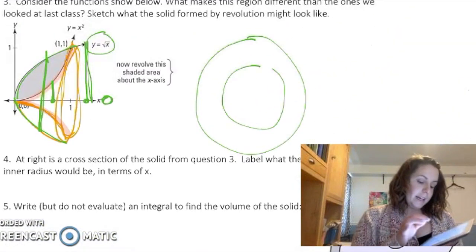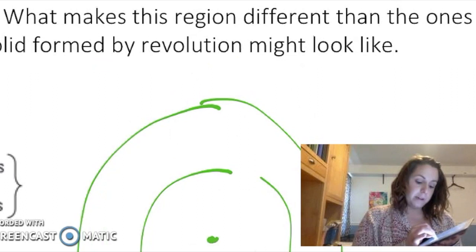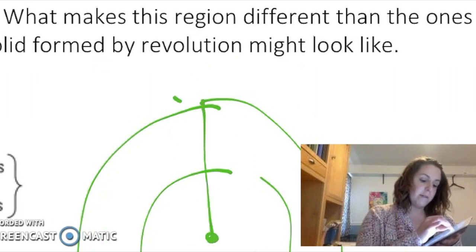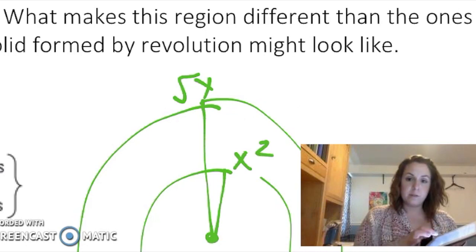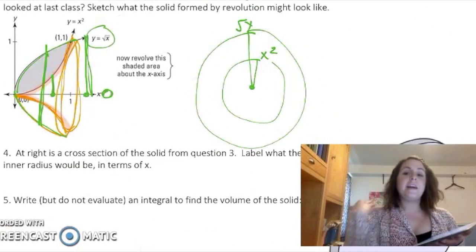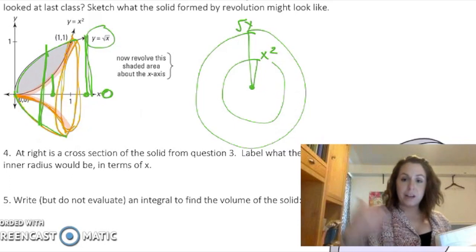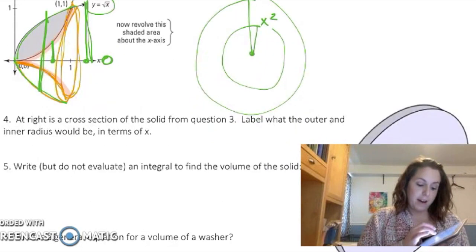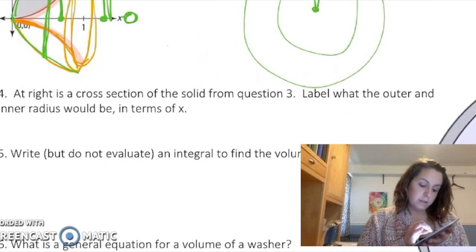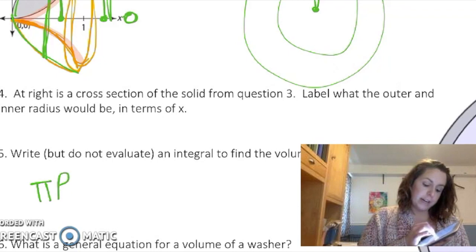So what I wind up getting here, and again, I'll do it here in case we want to see it again, this would be your square root x. This would be your x squared. Those are your radii. So the integral to find the volume here, well, we know the integral is the accumulation of area, right? So the area there would be pi times your outer radius squared minus pi times your inner radius squared.